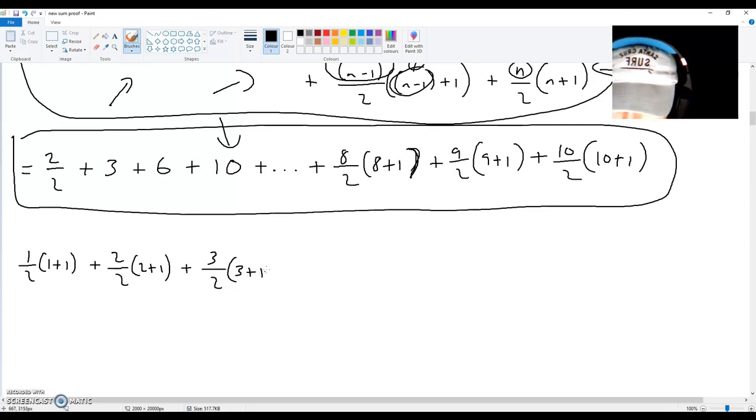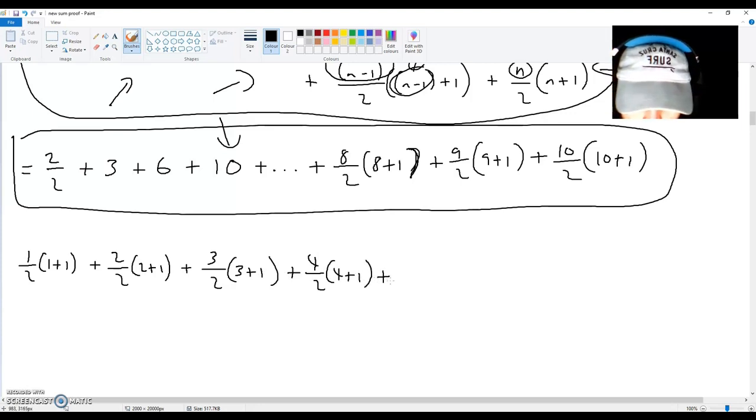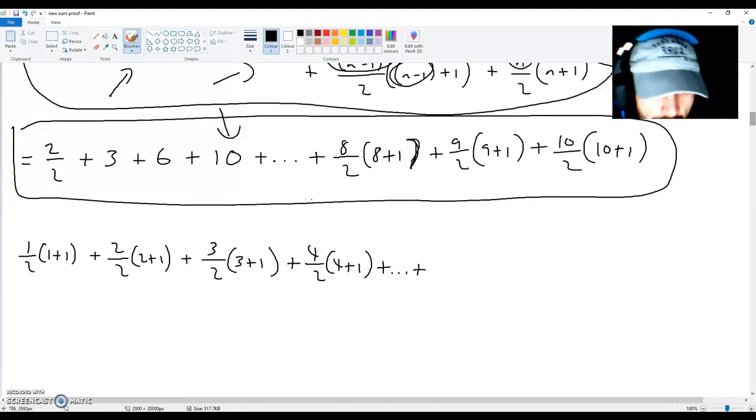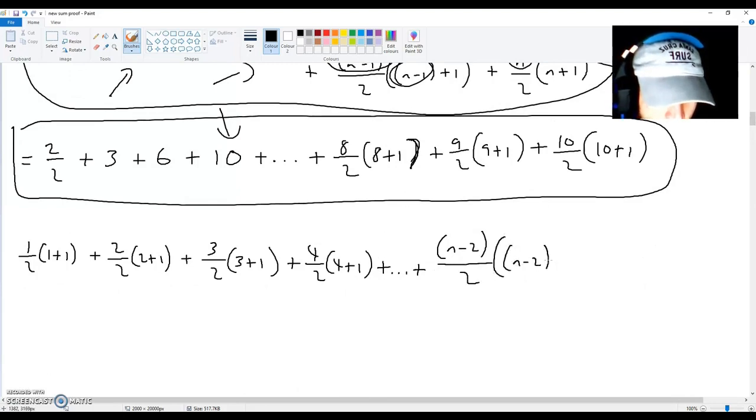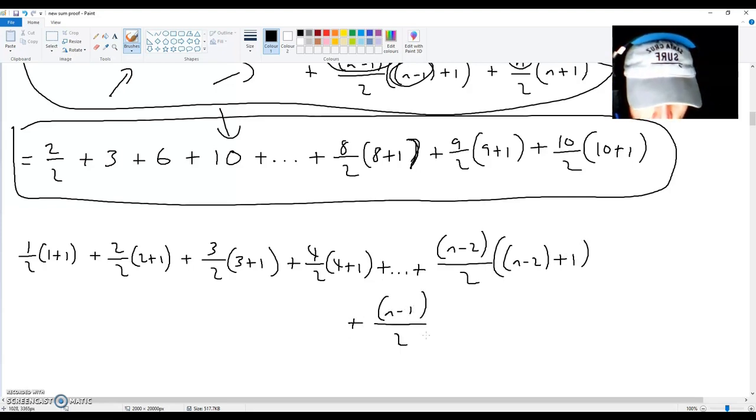multiplied by 3 plus 1, plus 4 over 2 multiplied by 4 plus 1, plus, let's see what we've got up here again. So that's n minus 2 over 2 multiplied by n minus 2 plus 1. And then we've got plus n minus 1 divided by 2 multiplied by n minus 1 plus 1.